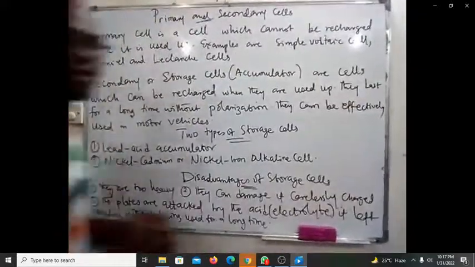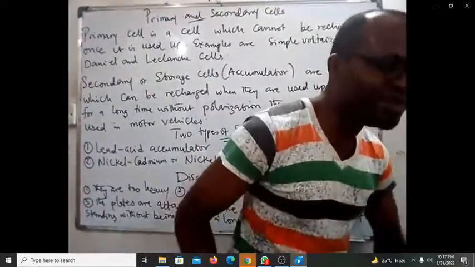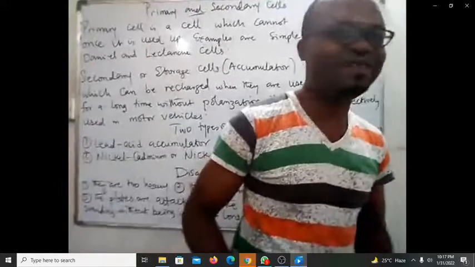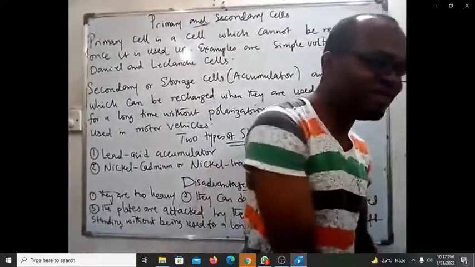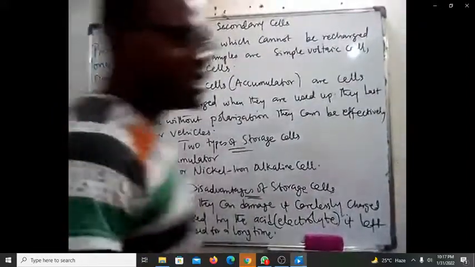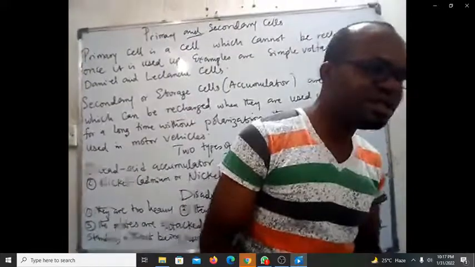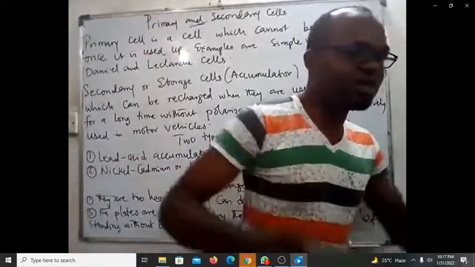What are the disadvantages of this accumulator, this storage cell? They are too heavy. Have you carried the battery of a car before? It's very heavy when you carry them, unlike the other simple cells that you can hold in your hand. That battery that you use for torchlight, when it discharges, can you recharge it? You throw them away. You cannot recharge it because they are simple cells.